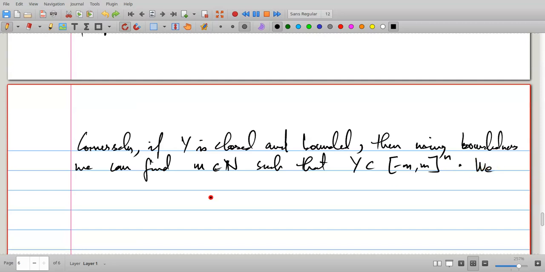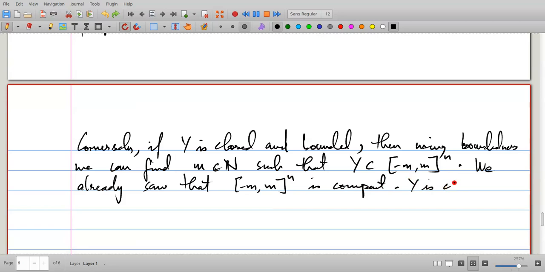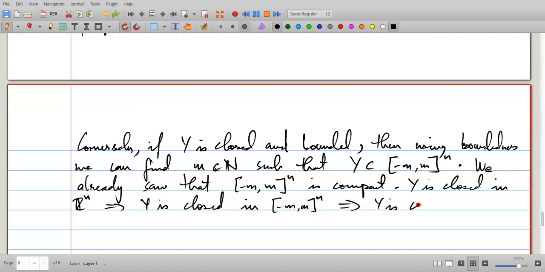So we already saw that [-m,m], which is homeomorphic to [0,1], is compact, and so its product is compact. So Y is closed in R^n implies Y is closed in [-m,m]^n implies Y is compact.